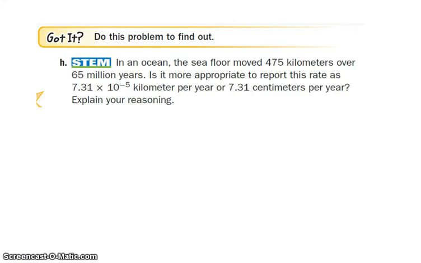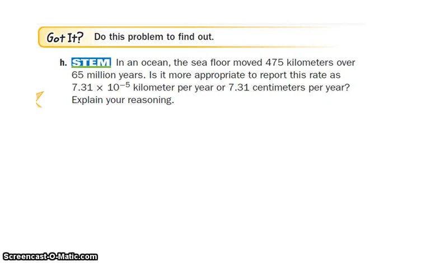In your got it problem, it says in the ocean the sea floor moved 475 kilometers over 65 million years. Is it more appropriate to report this rate as 7.31 times 10 to the negative 5th kilometers per year or 7.31 centimeters per year? Explain your reasoning. Well, which one do you understand better?